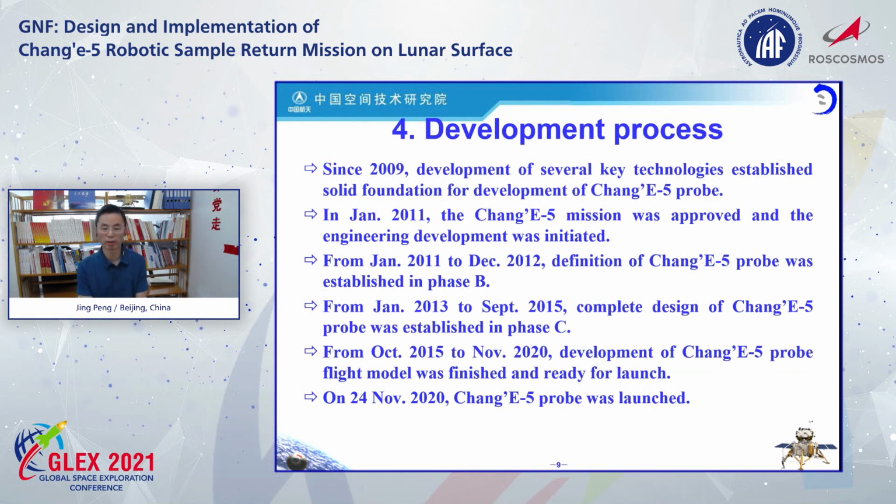From January 2011 to December 2012, definition of the Chang'e-5 probe was established in Phase B. From January 2013 to September 2015, complete design of the Chang'e-5 probe was established in Phase C. From October 2015 to November 2020, development of the Chang'e-5 probe flight model was finished and ready for launch. On 24th November 2020, the Chang'e-5 probe was launched.